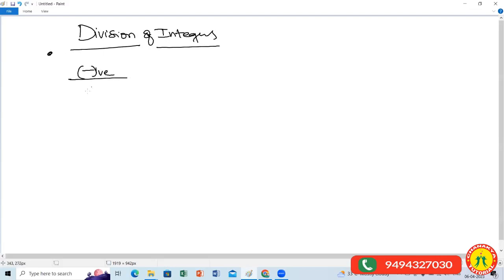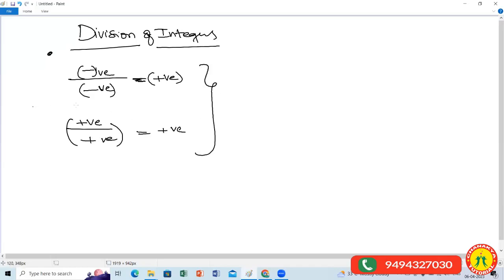Negative integer divided by negative integer. What we will get, children? Ma'am, positive integer. Very good. And positive integer divided by positive integer. Ma'am, positive integer. Positive. And these are like signs. Like signs means positive.